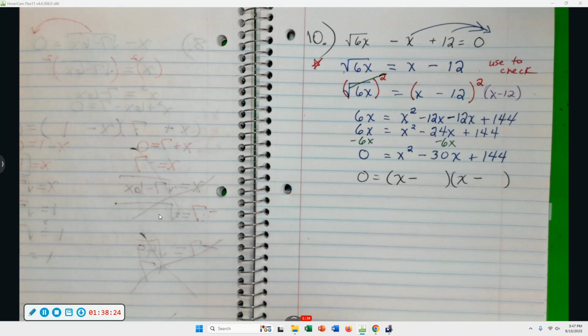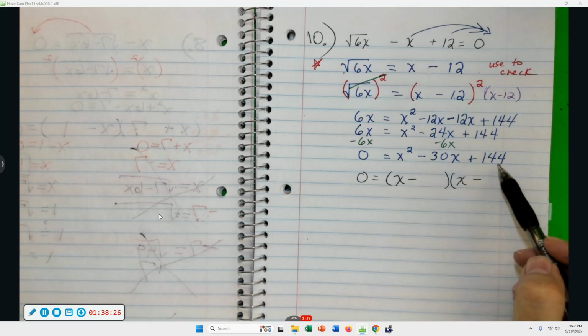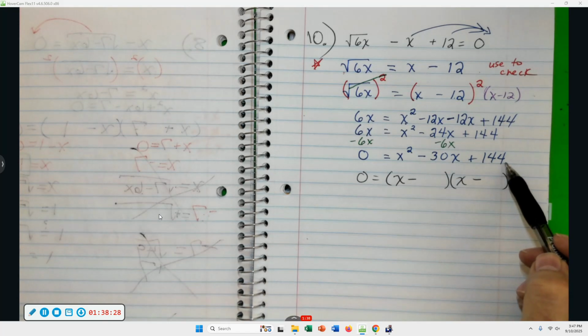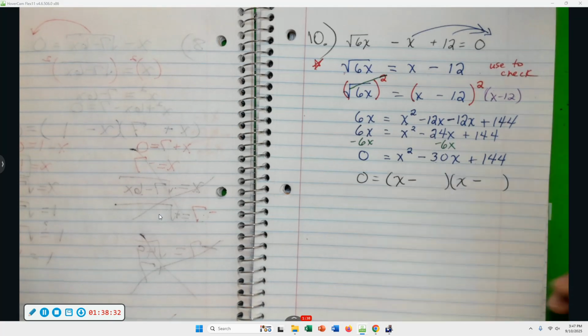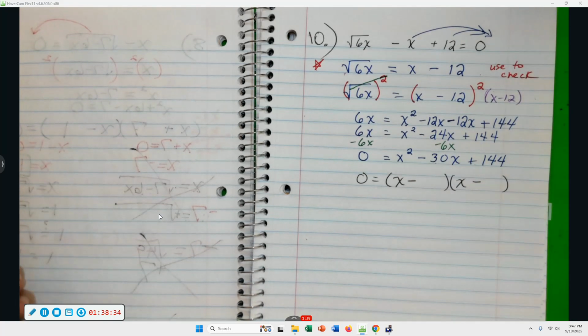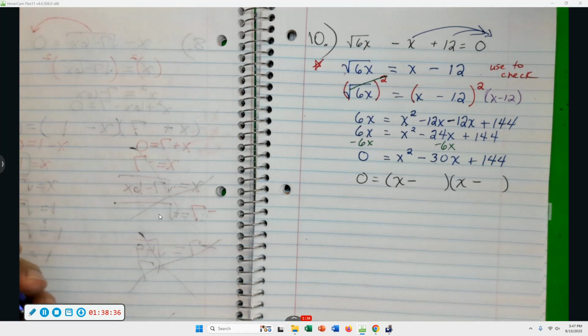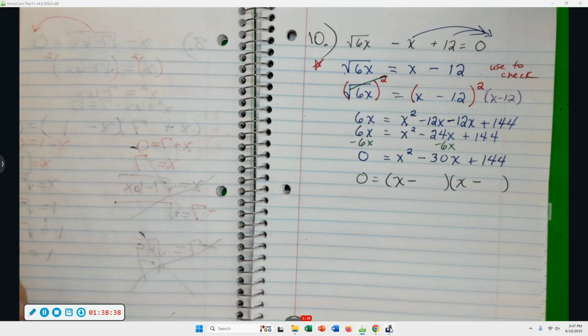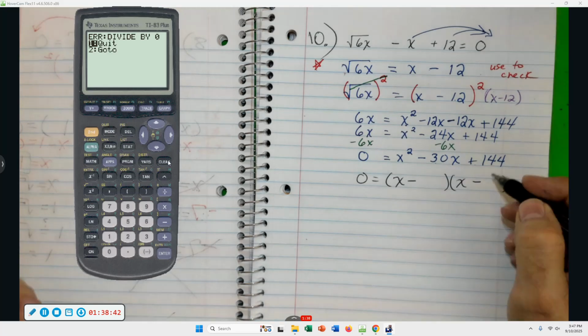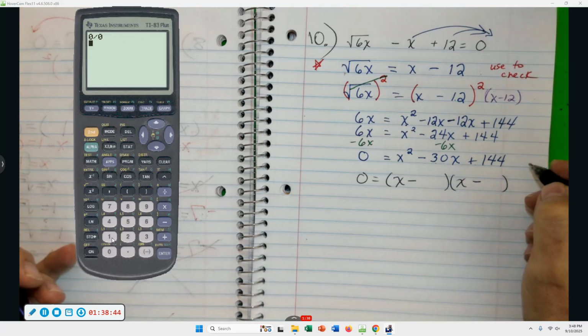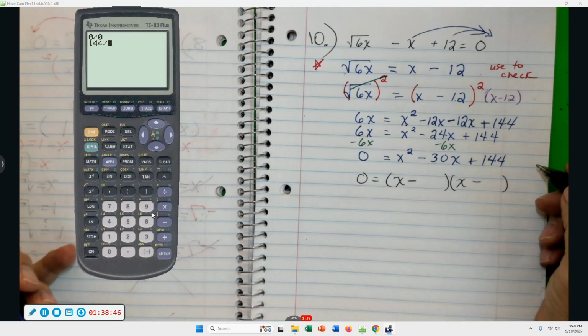One pair of numbers stands out for me. 12 times 12 is 144. But those won't add together to give a 30. So let me think. 1 times 144, 2 times 72, 3 still too big. Right? So 144, how about dividing it by 6?